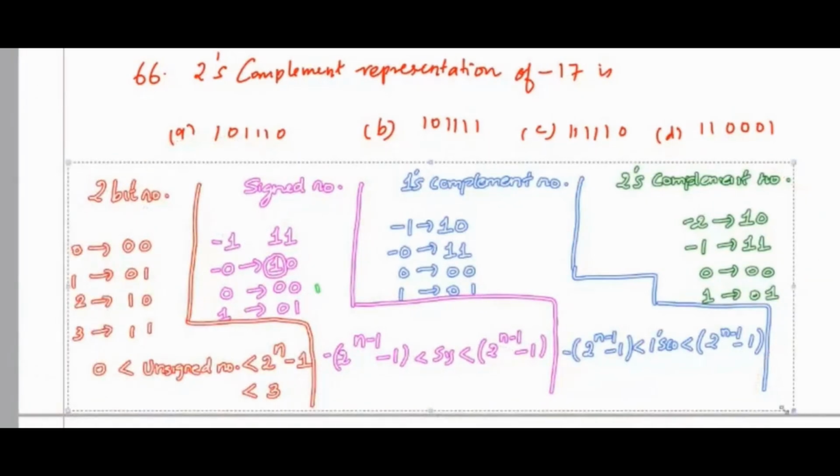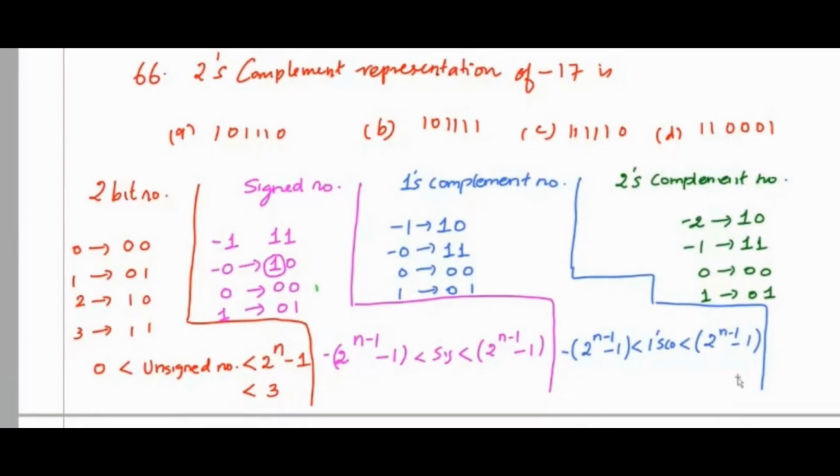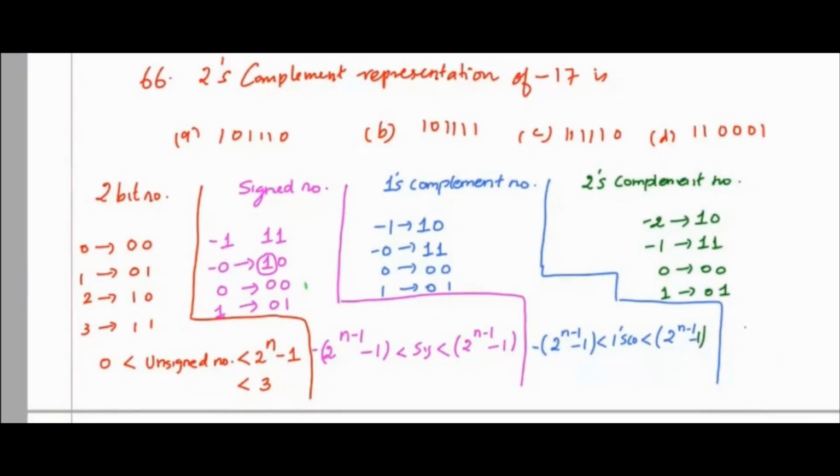You can see there is no minus 0 in math, right? Therefore 10 is represented as minus 2, and 11 is represented as minus 1. So minus 0 is not represented, and the negative number goes to minus 2 and up to 1. That is a major difference we are seeing in the 2's complement representation.